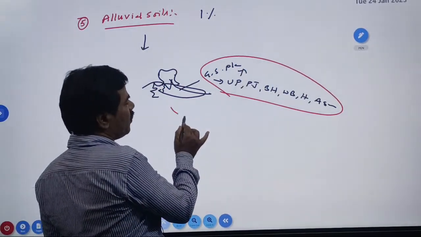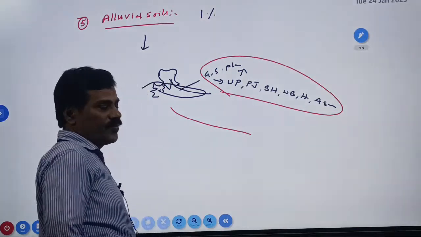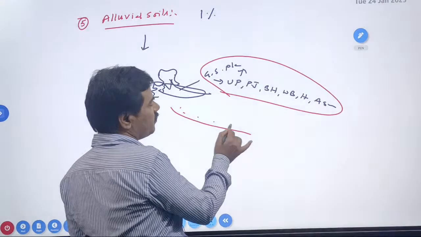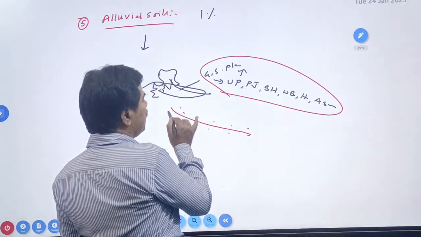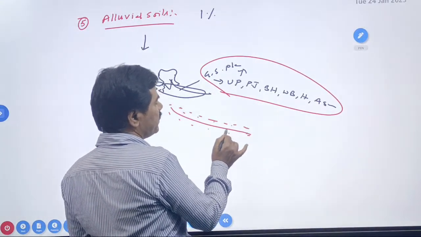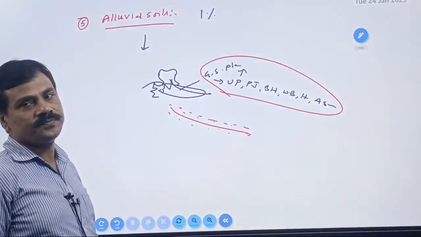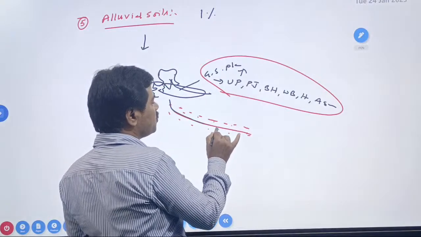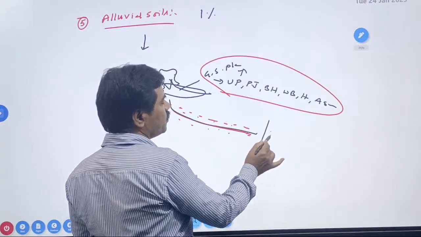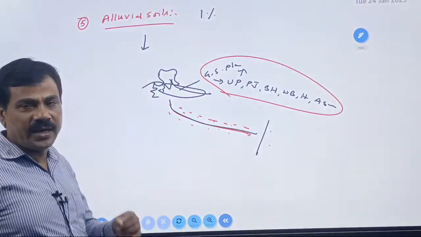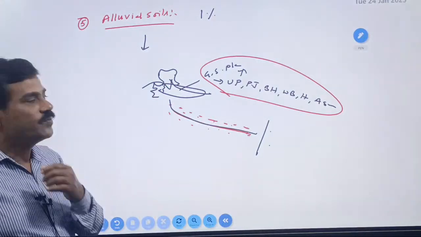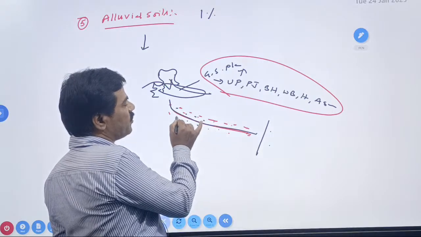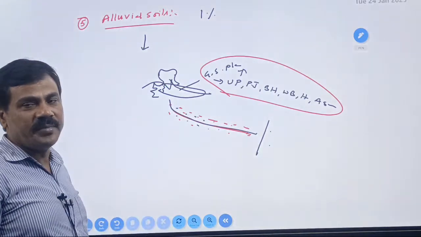Alluvial soil is brought by the river flow. By the river system, alluvial soil is deposited on both sides of the rivers. Rivers come from the highlands towards the ocean, the Arabian Sea and Bay of Bengal, carrying alluvial soil and sedimentary material.